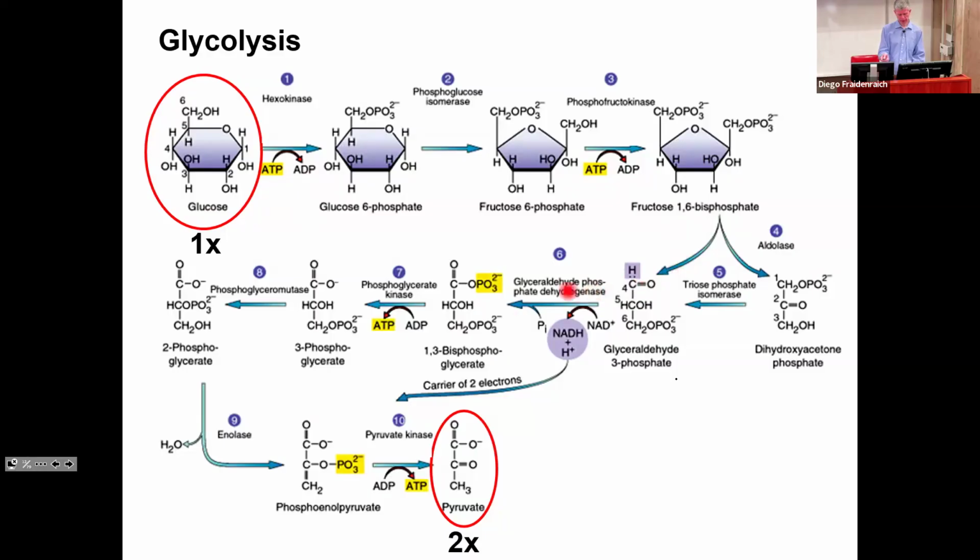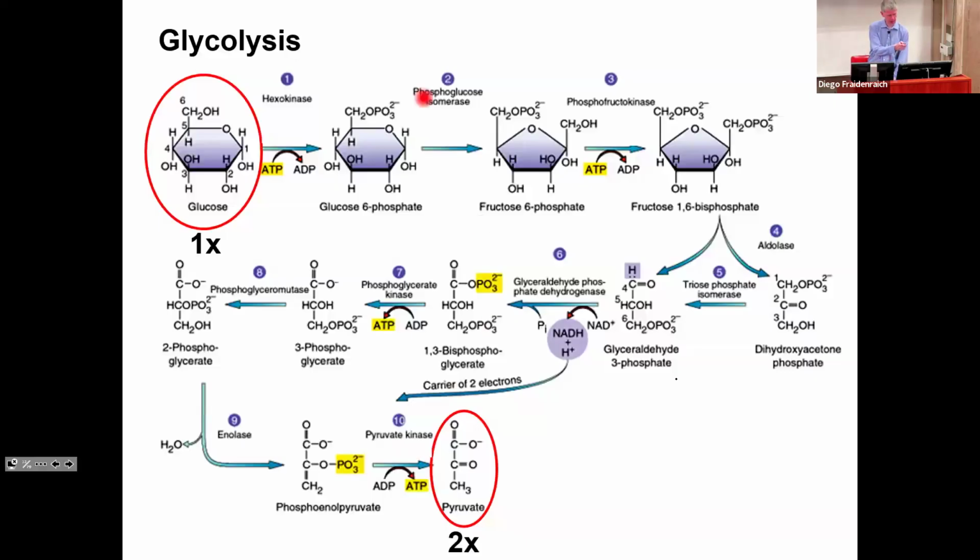We use ATP in the first part, and in the second part, we generate ATP, and we end up with 2 molecules of pyruvate. So all you may want to know is that there are some phosphorylation steps, and in the second part, you actually produce ATP.